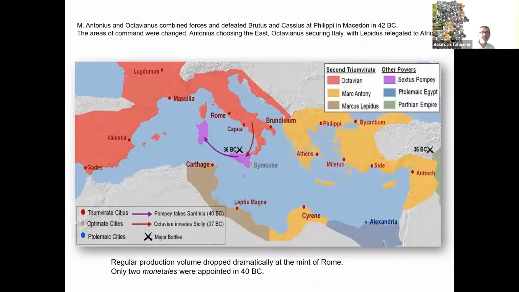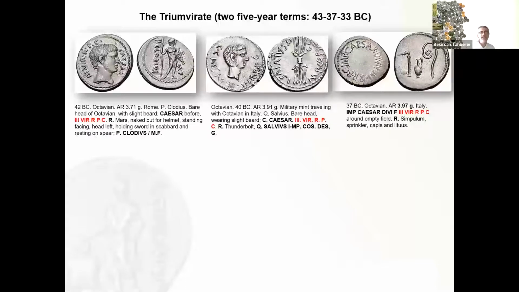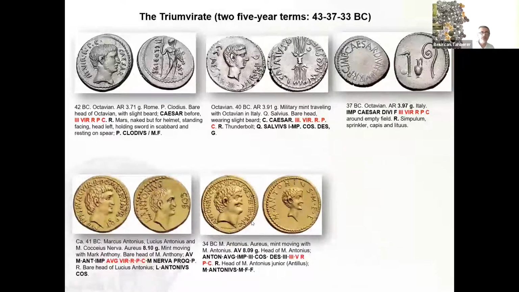But the interesting thing is the Roman mint became the possession of Octavian. And Octavian used the mint to issue coins in his name, also simply admitting that he is one of the triumvirs, as we see on these coins.